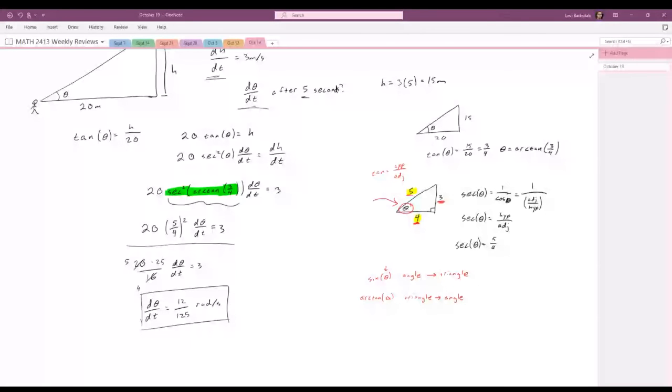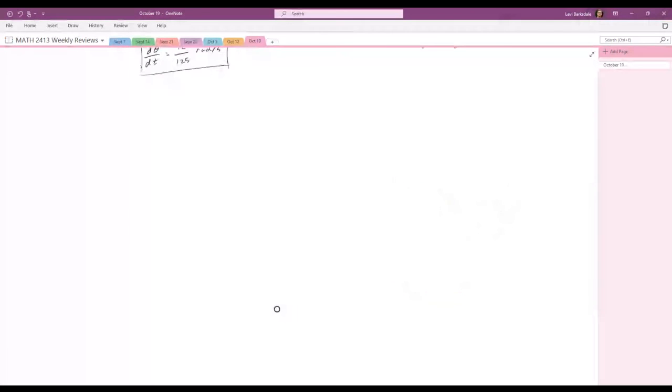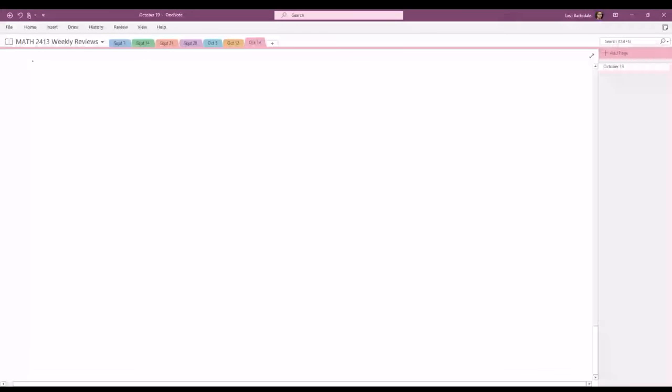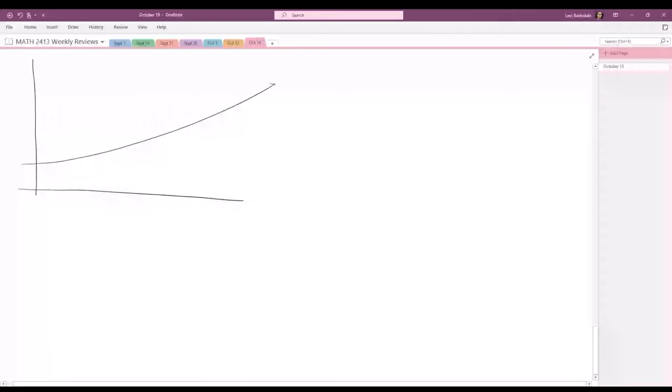All right. Let's talk briefly about differentials, because I believe you do cover them, or did cover them pretty recently in class. We'll start by trying to get a big picture of what a differential is. Let's say you have a function, and it looks something like this.